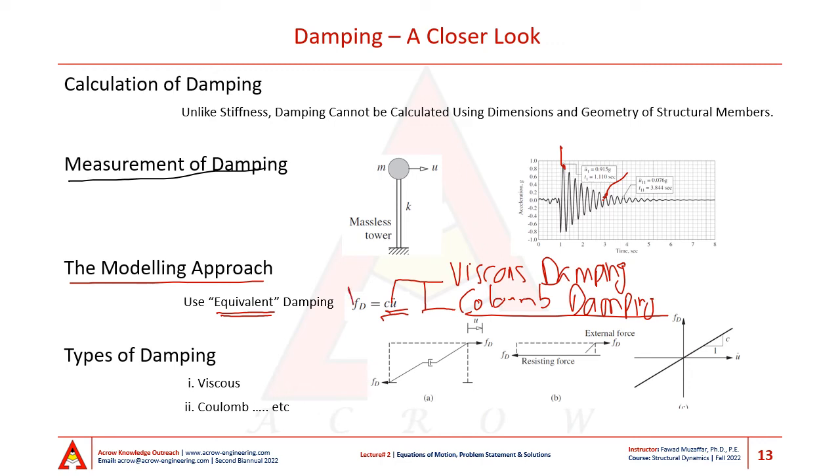So whenever you see FD is equal to C u dot, this is the damping force that is related to the velocity of deformation in the structure. U dot is the velocity of deformation in the structure, multiplied by a coefficient representing viscous damping.